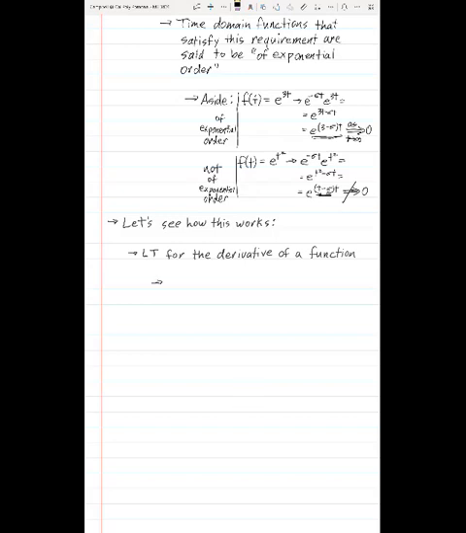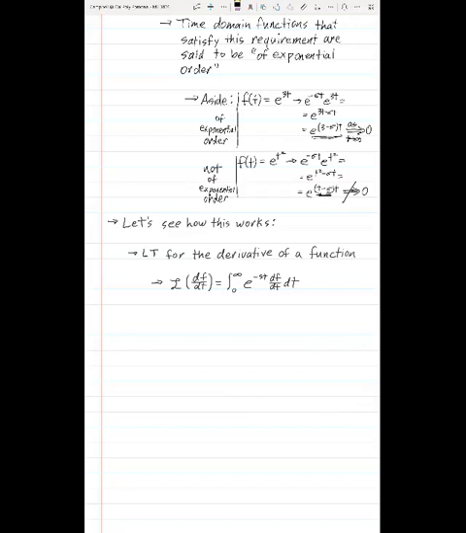Of course, for us, that would be the Laplace transformation of df/dt, and that's going to be equal to the integral from 0 to infinity. Now, I'll mention something here in just a second, but let's go ahead and write down the transform: e to the negative st, and then the function that we are working with is the derivative of some function. So we just plug that in for the function.